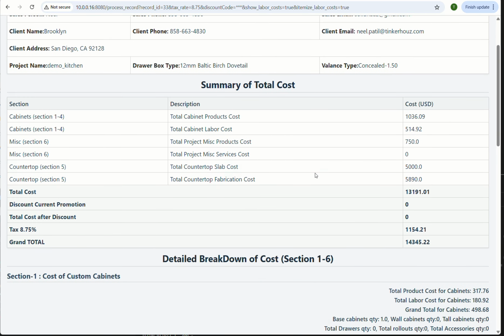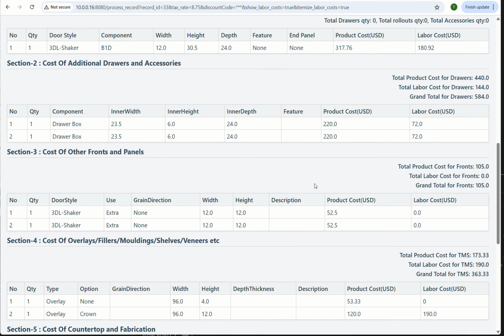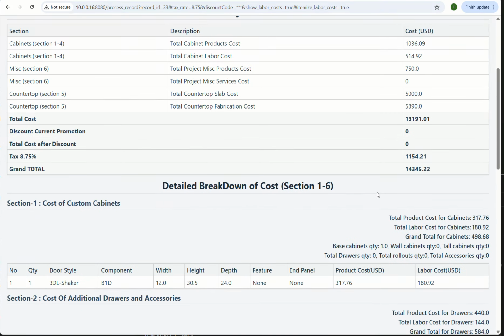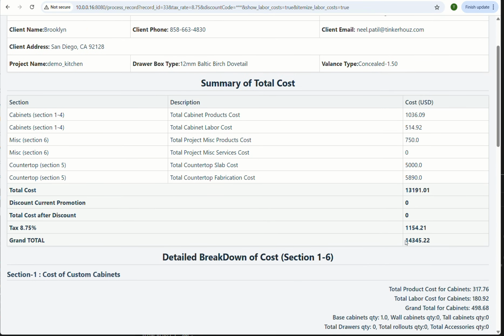So this is how I'm going to get the estimate for the kitchen. The total estimate for this kitchen is about 14,344. The actual cost of the kitchen is 13,000, and the tax, whatever tax rate you gave, comes to 1,154.